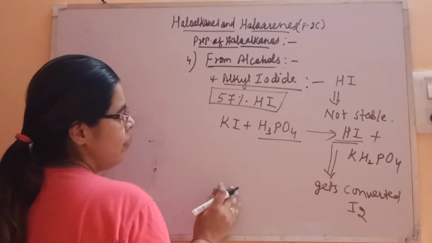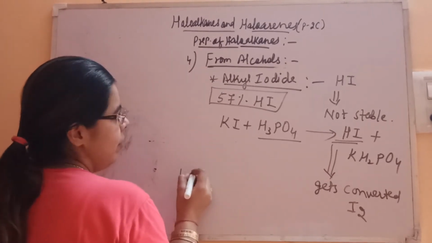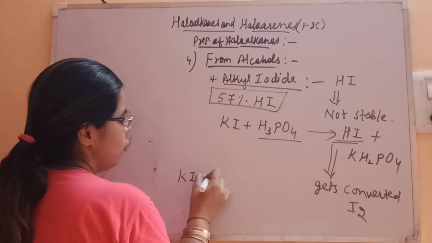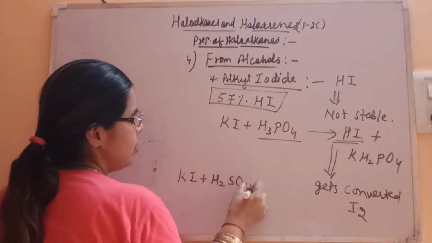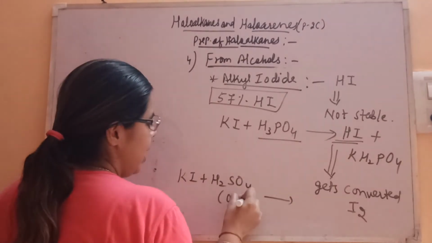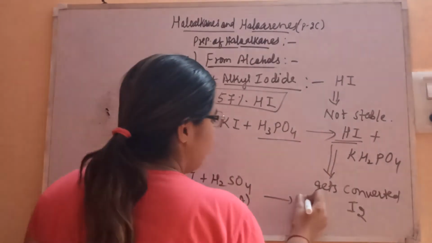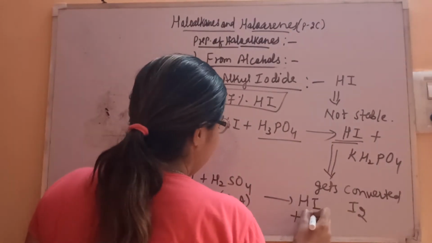Why? Because when we treat KI with H2SO4, H2SO4 is a strong oxidizing agent. It will shift the reaction.